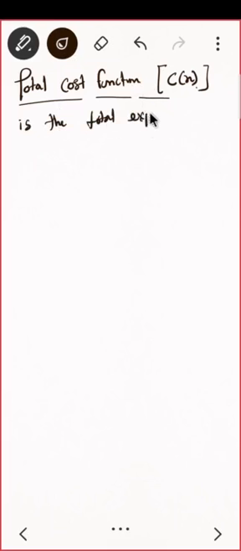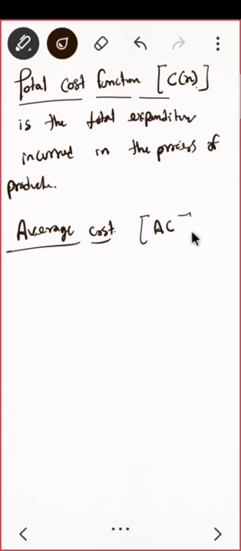What do you mean by total cost function? It is your total expenditure incurred in the process of production. Correct?